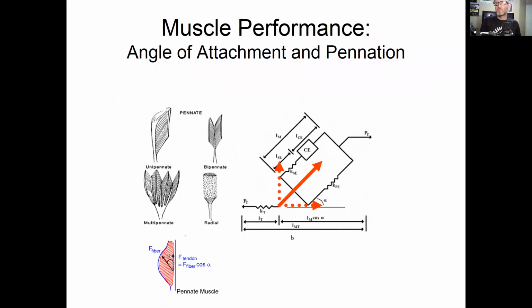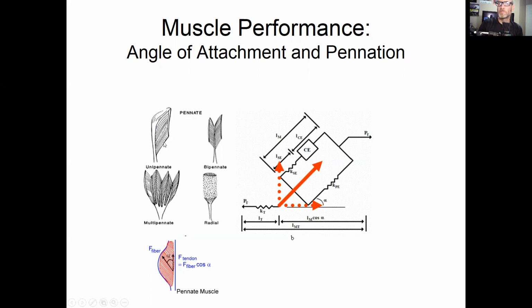So angle of attachment and pennation angle. And what I have here are some different cartoons, different illustrations of muscle fiber organizations. Each line here represents a muscle fiber. This here represents the tendon unit that would connect ultimately to the bone.